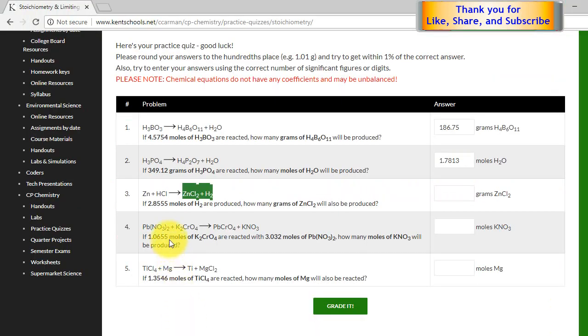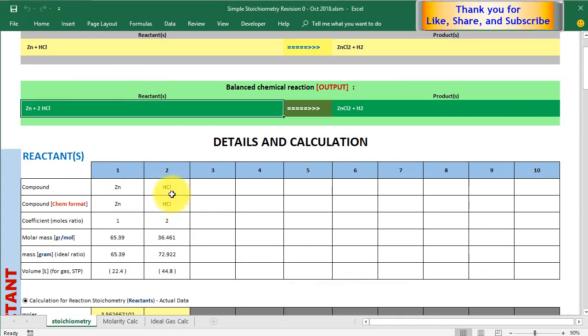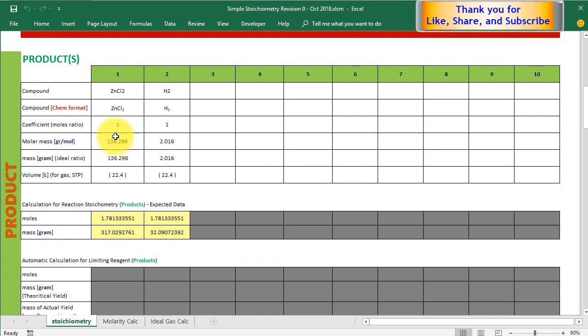Okay, the question is if 2.8555 moles of this product H2, and the question is also a product, but grams of this product, right?